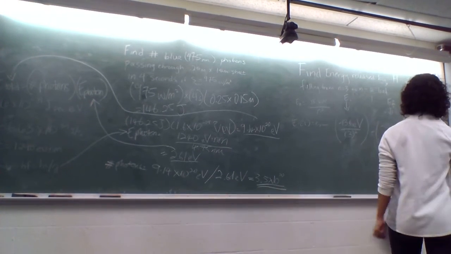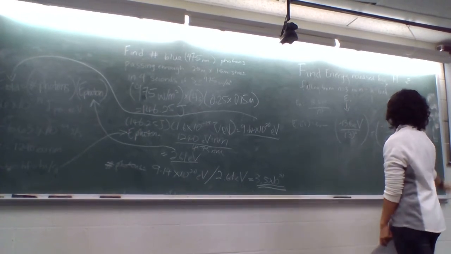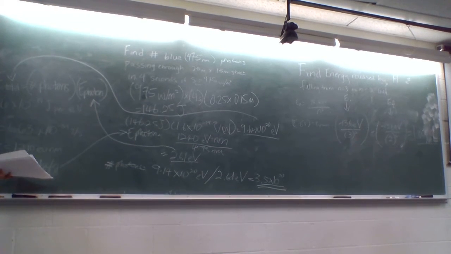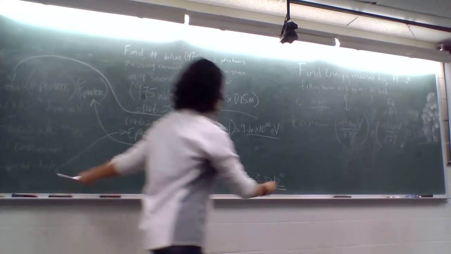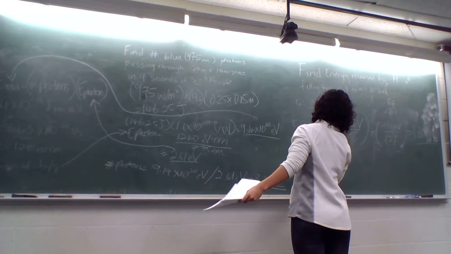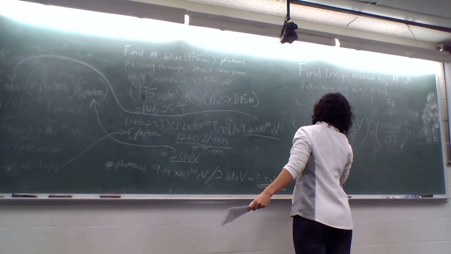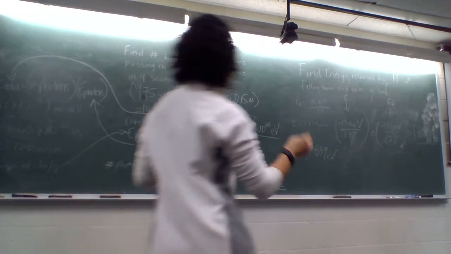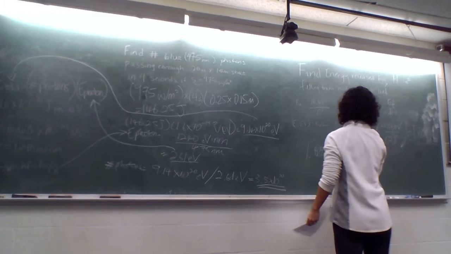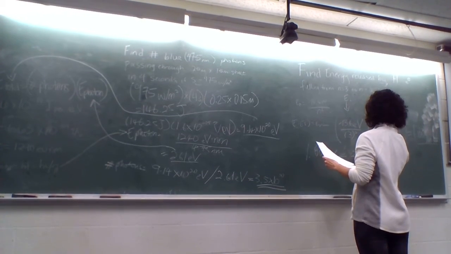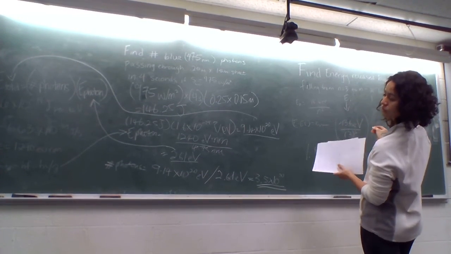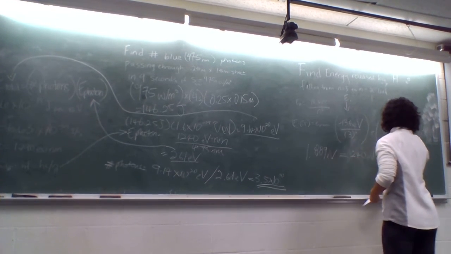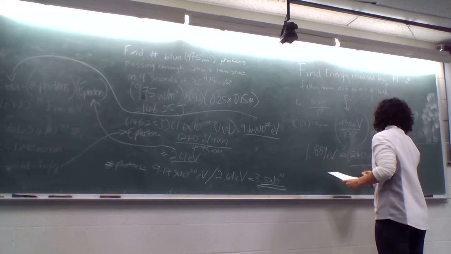Okay, so basically now you have the energy of the photon. So to go back to the wavelength, you use this equation again. So now you have the energy, which is 1.889, and HC is 1240, divided by wavelength.